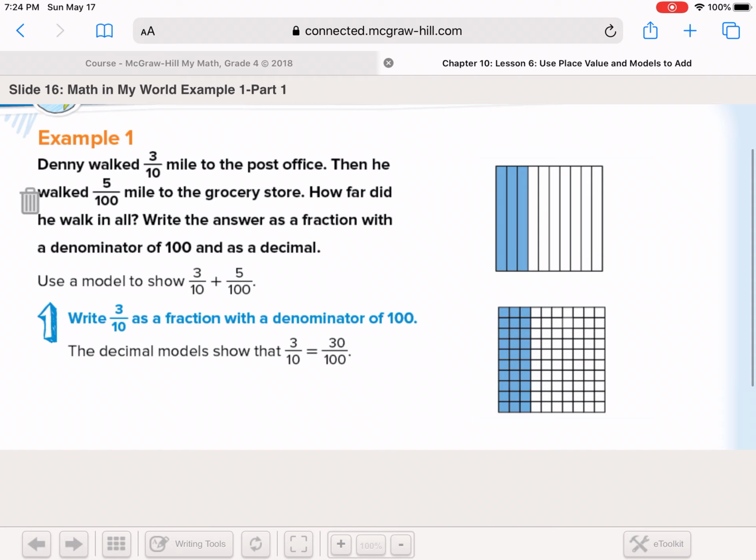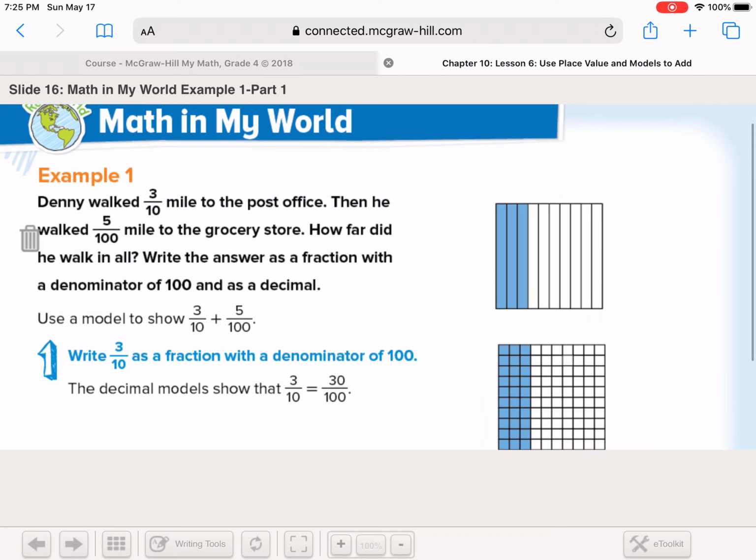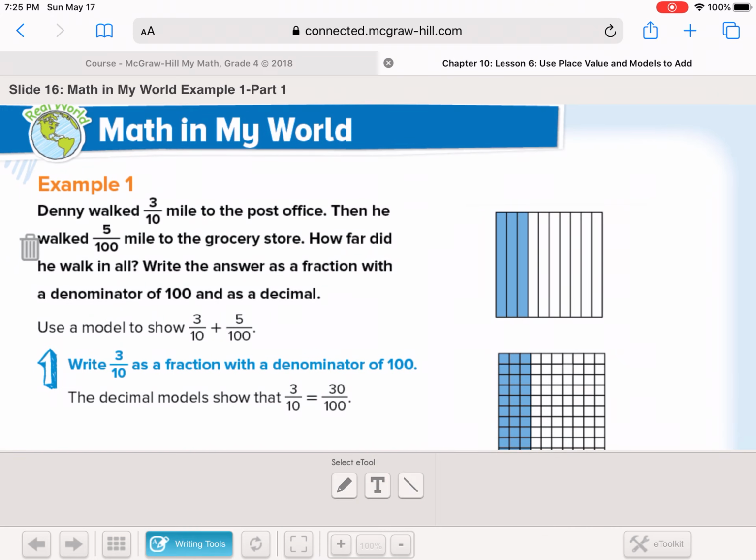Okay, here's your math in my world. Danny walked 3/10 of a mile to the post office. Then he walked 5/100ths of a mile to the grocery store. How far did he walk in all? Write the answer as a fraction with a denominator of 100 and a decimal. So here we did 30.